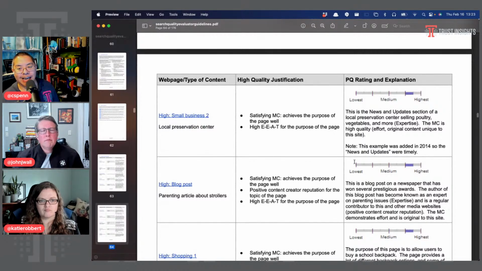One of the most damning statements you'll find in here is on medium quality content, and Google says medium quality content falls into the category of nothing wrong, but nothing special. And that is most marketing content. There's nothing wrong with it. There's nothing special.